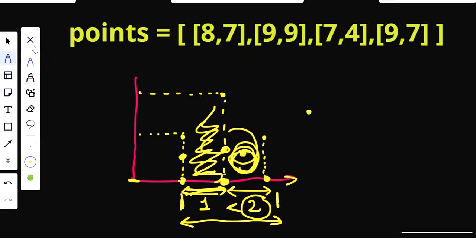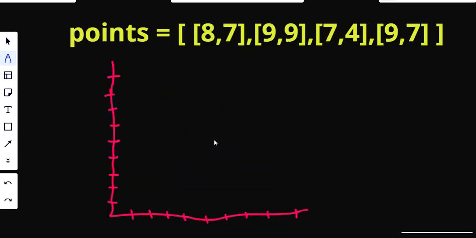So now let's plot the points in this example, and then we will see with which approach we can solve this question. So if I am saying this is my graph and I am going to plot this whole point array on it, then before plotting, one thing I can quickly figure out from the previous discussion is this: if I have to calculate a difference, and I don't want to include any in-between points, what will be the best approach to process this whole array?